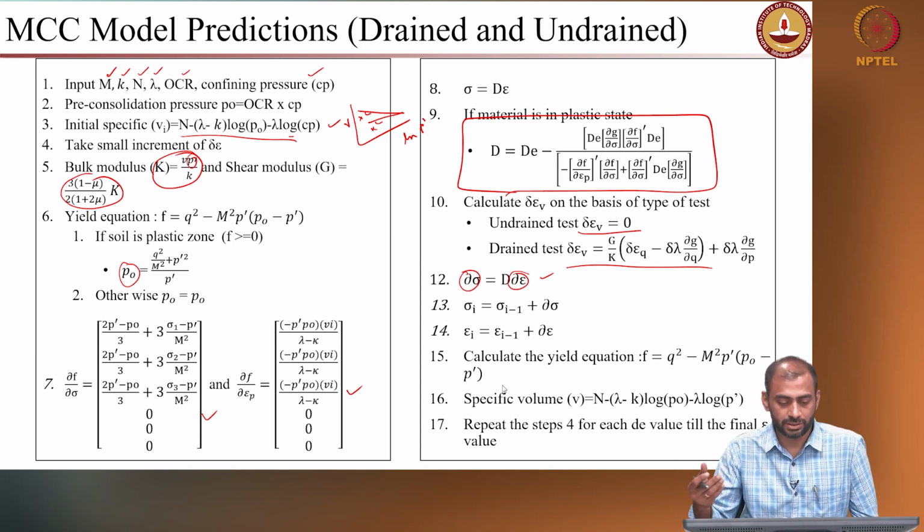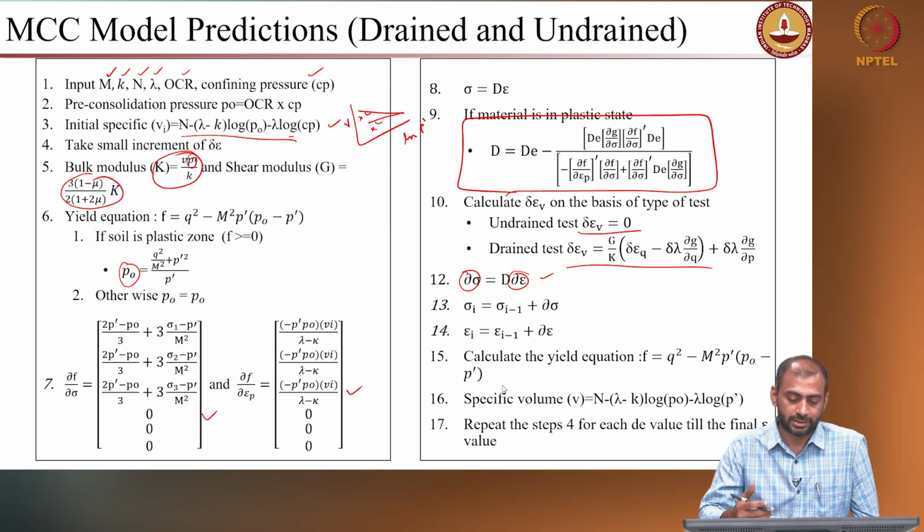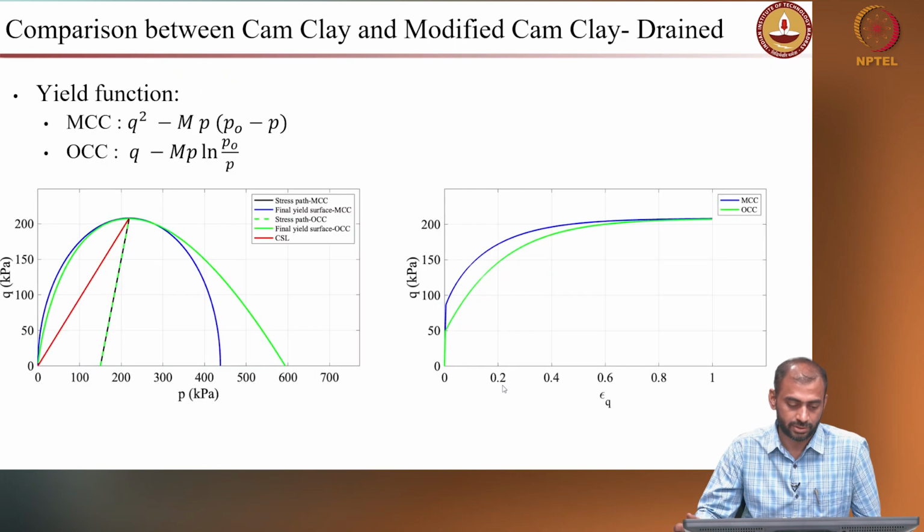Using this particular method you can predict the soil response, and the previous animations that you were seeing are just based on following this procedure and using the MCC yield equation we predicted this response.